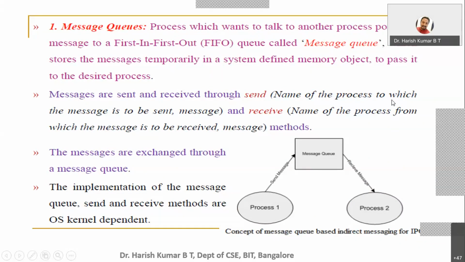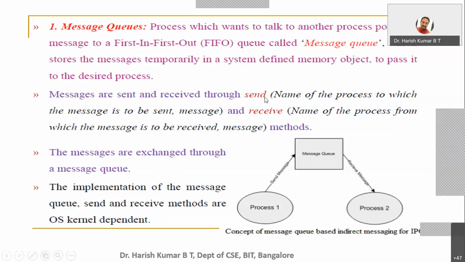Obviously, the name of the process to which the message is to be sent. Here I've written the name of the process, but strictly speaking, it won't be the name of the process. It will be the ID of the process, because every process has a unique identification number. So you have to specify as the first parameter to send the ID of the process to which the message is to be sent, and the second argument is the message itself.